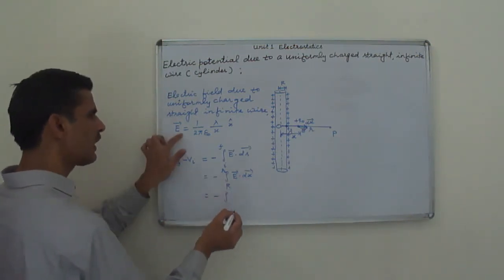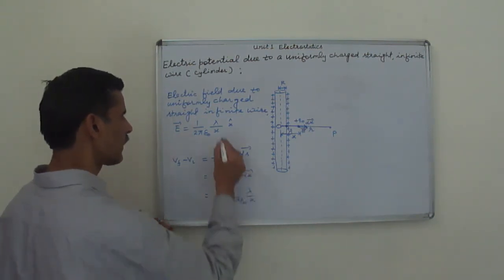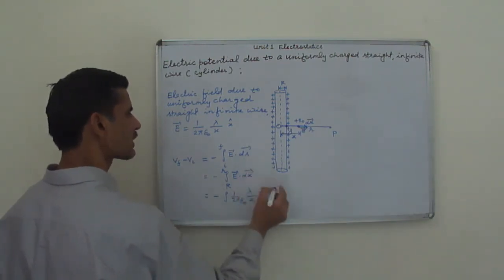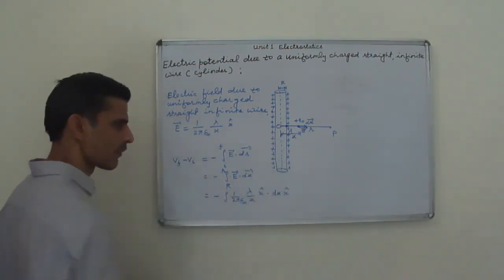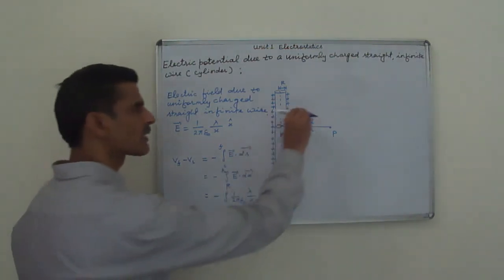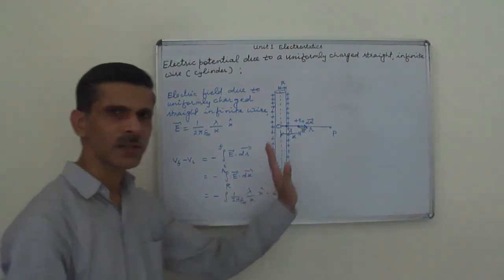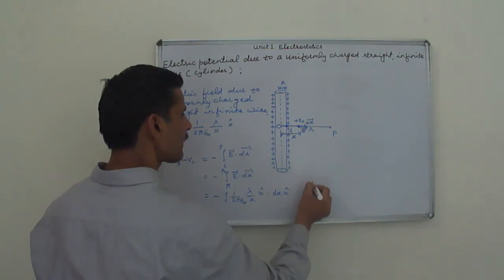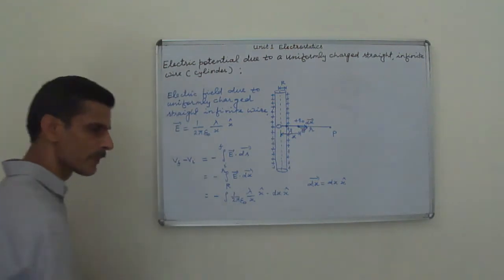You can put the value of E. So you have 1 upon 2 pi epsilon naught lambda upon x x cap dot dx vector, and dx vector you can say dx into x cap, because dx vector is also rightward and our unit vector x cap is along rightward. So here dx vector is equal to dx into x cap.